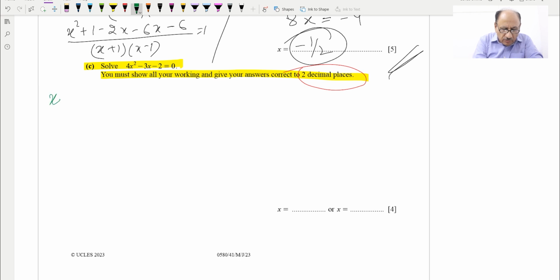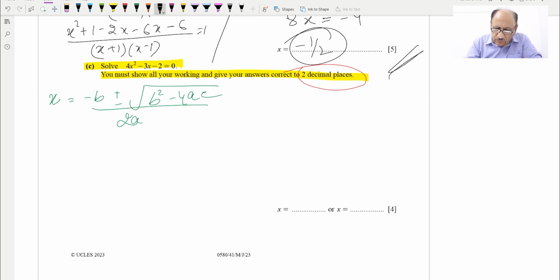So what is the quadratic formula? x is equal to minus b plus minus square root of b square minus 4ac, over 2a. Here a is the coefficient of x square, which is 4, b is the coefficient of x, minus 3, and c is the constant value, which is minus 2.